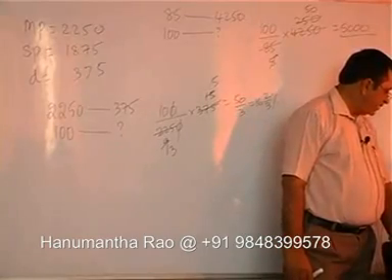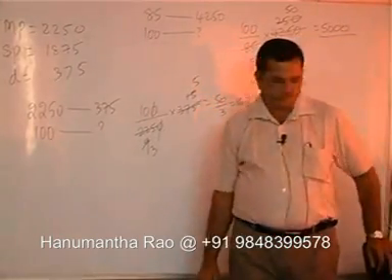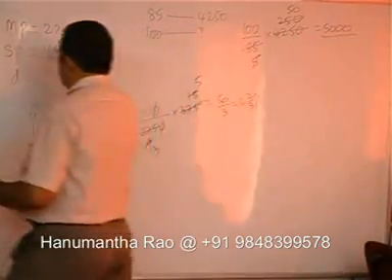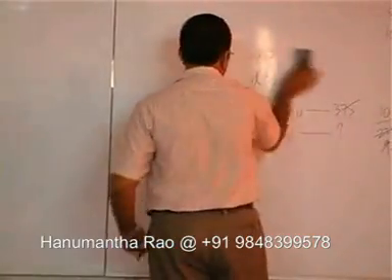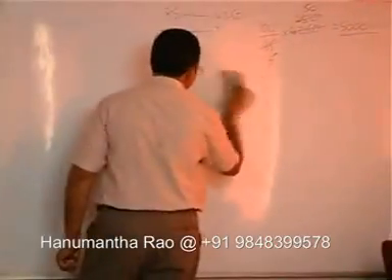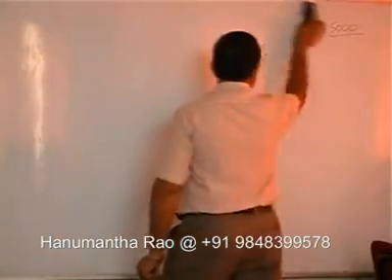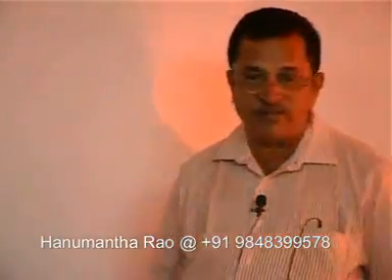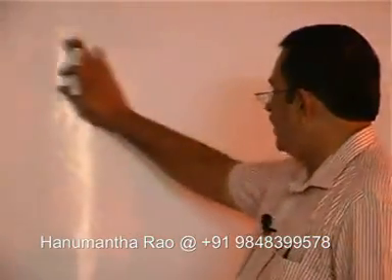Find the gain percent. The cost price of an article is 80% of the marked price.